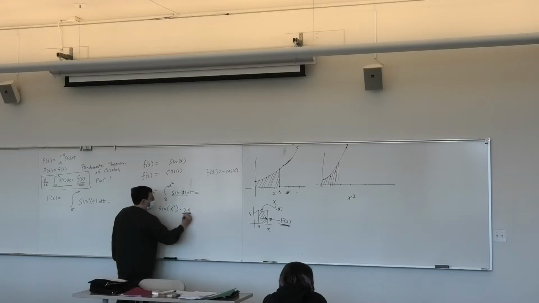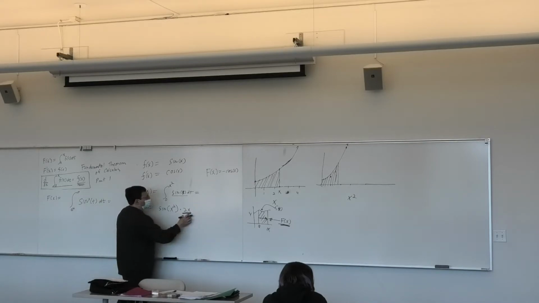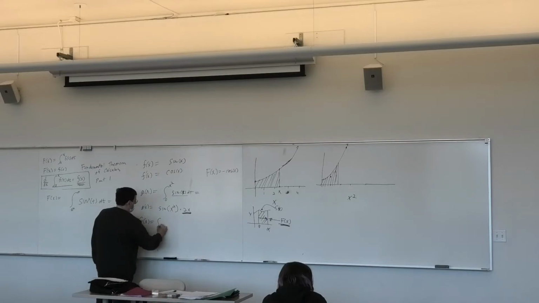I wanted to show why this pops up, why you get this, because of the chain rule. The way I did it is I created another function, big G of x, which was just from 0 to x, sine of t dt.